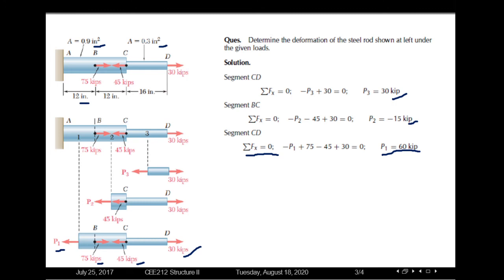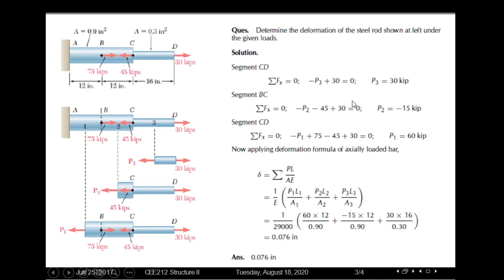So plugging all those values in and summing up the deformations of all the segments, we will be able to calculate the total deformation. The total deformation will be simply equal to the summation of the deformation in all segments. The deformation for each segment will be PL by AE.